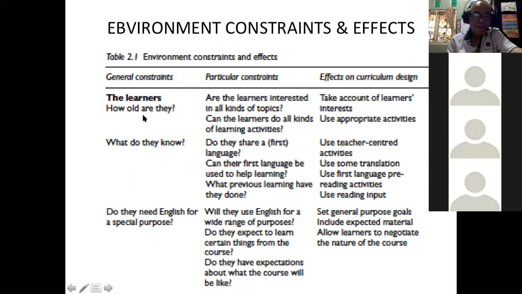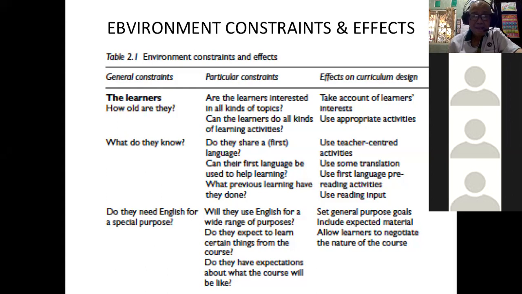From the learners, you may choose the age, the ability, the aims of learning English, and the students' preference in learning. You may choose at least two, and then identify what might be the constraint in that area: the ability, the aims, and the learning preference.